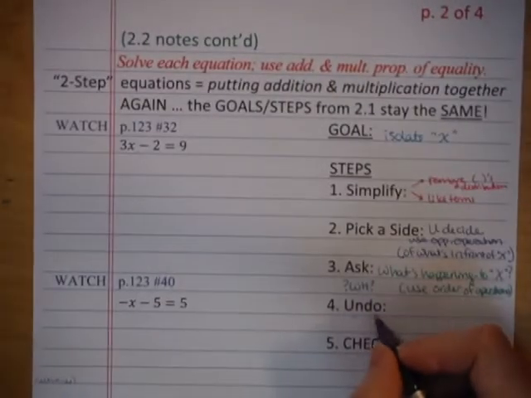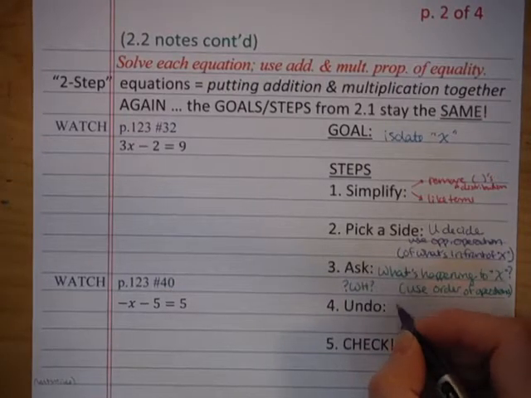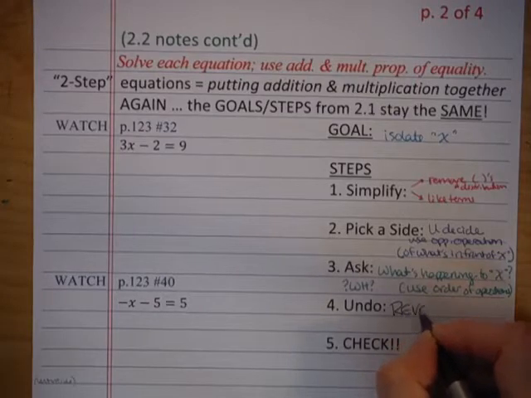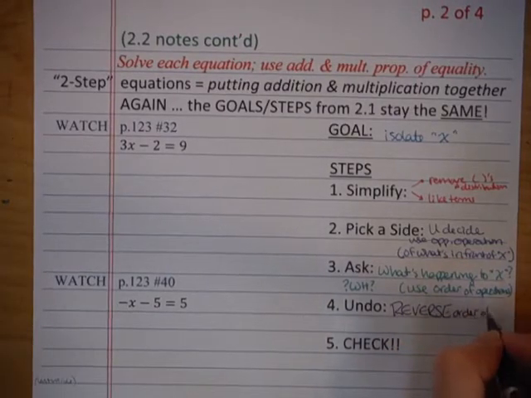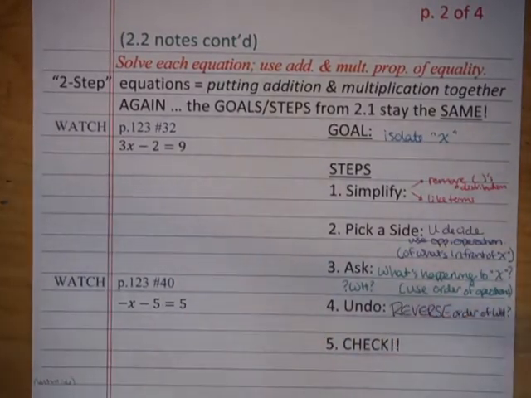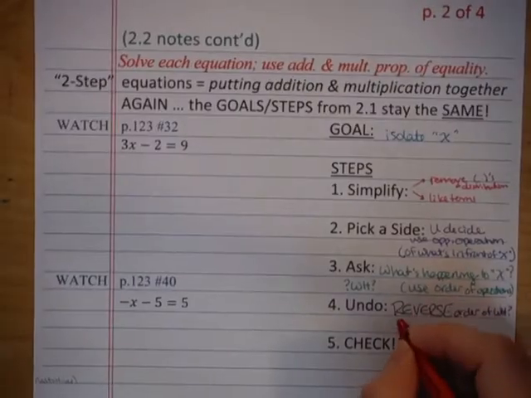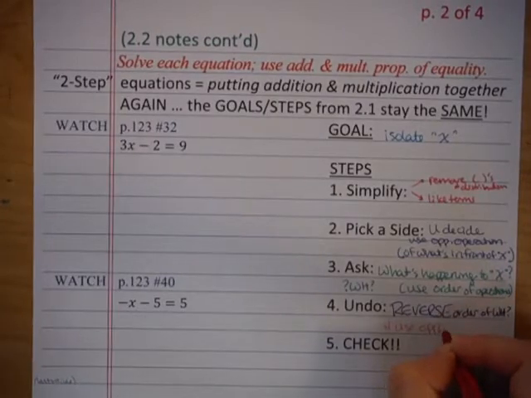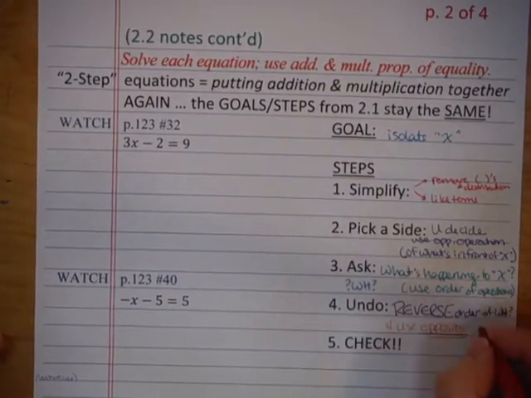Then the solving process here is you undo that by going in reverse order and using opposite operations. So you reverse the order of the what's-happening list or the timeline. We can do it as a list or a visual timeline, and you use opposite operations, and that will undo everything that's happening to x.